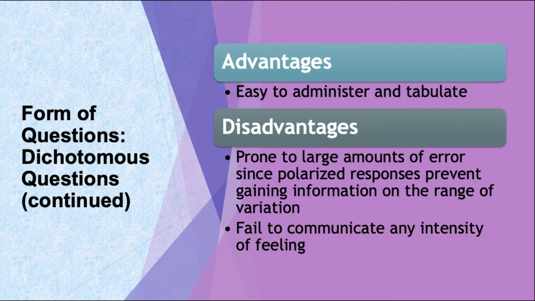But it also has a lot of disadvantages. For example, it is prone to a large amount of error, since polarized responses prevent gaining information on a range of variation, and also fail to communicate any intensity of feeling. When you ask, do you smoke? Yes or no. If I smoke one cigarette per month, I still smoke, I'll put yes.